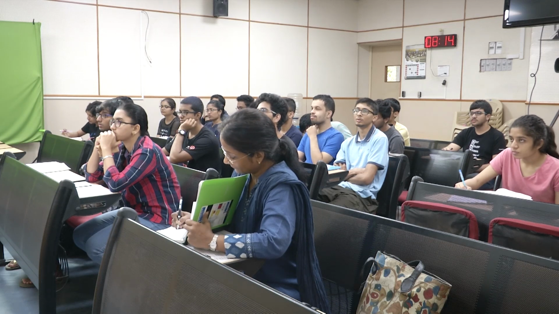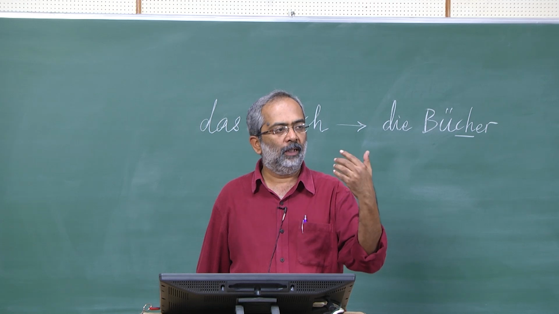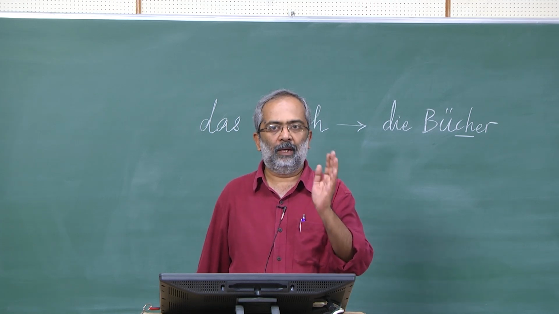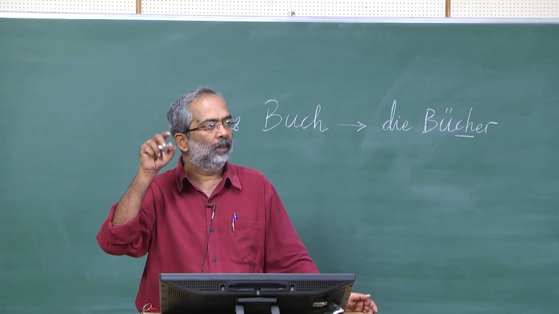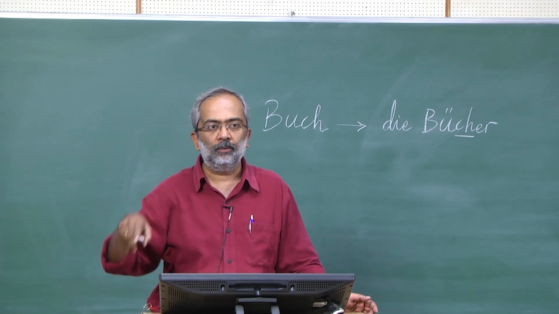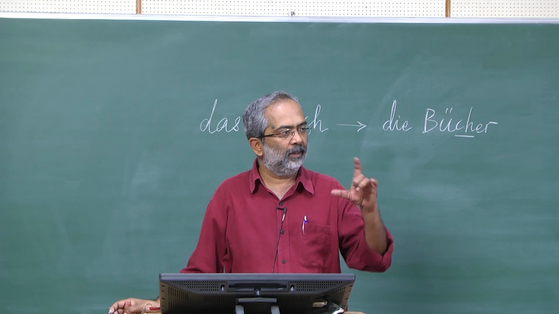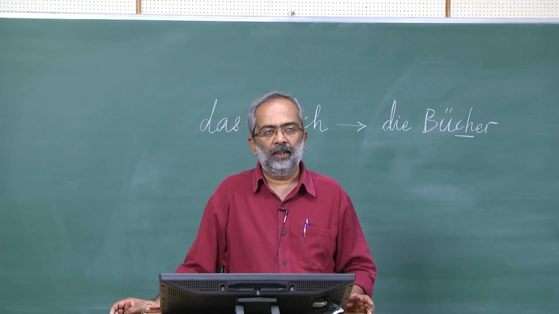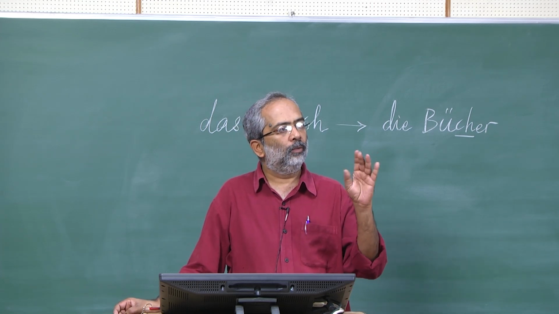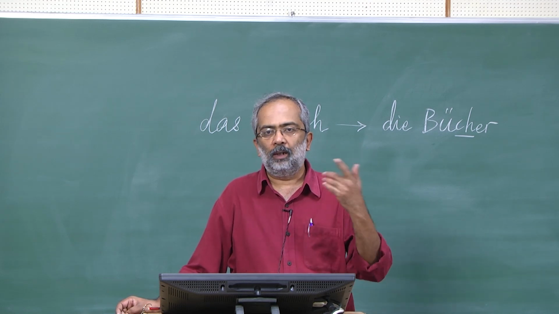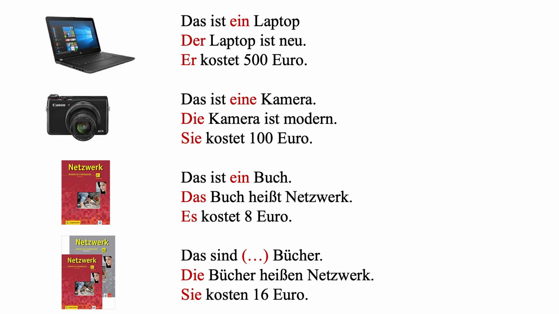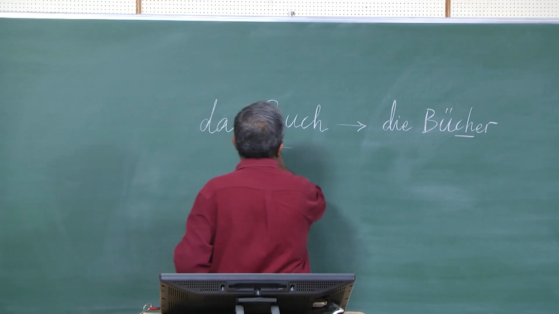This kind of thing will happen very often. The sound of the ch, if the vowel gets an umlaut, then you also did the alphabet yesterday, so you have done the umlaut. If a, o, or u get the umlaut, then the ch will get softened. Sie kosten 16 Euro.